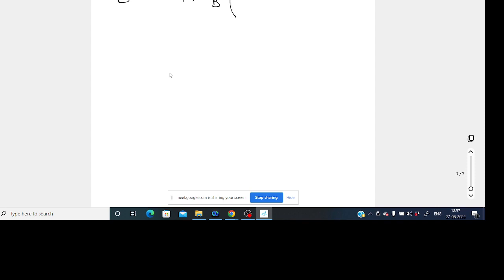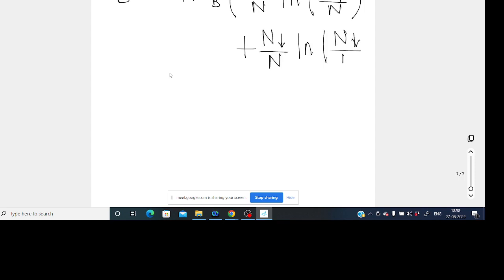So we get this thing. There are total n number of particles, and among them n up are up spins.